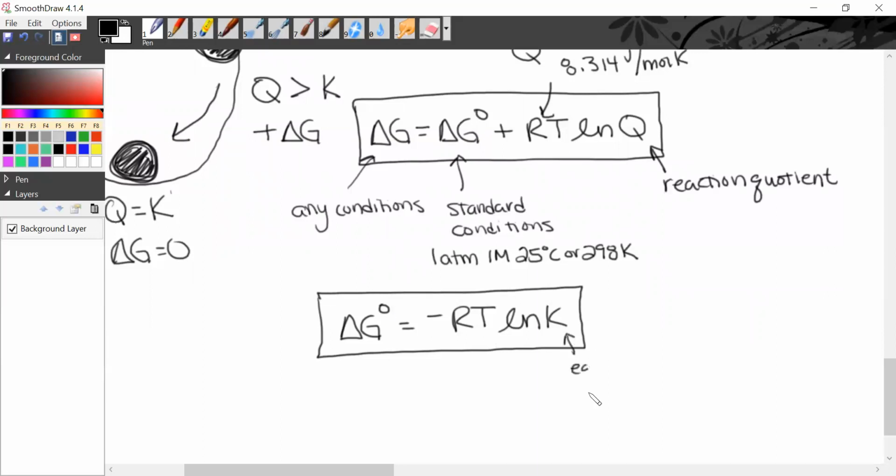Same thing, R is your energy R, 8.314 joules per mole Kelvin. And this is your standard condition free energy.